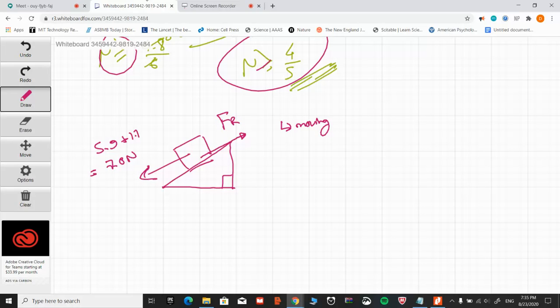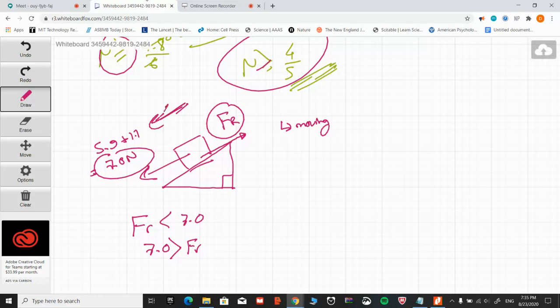So we can definitely say that the friction is less than 7.0, or 7.0 is greater than the friction, meaning this downward force was obviously greater than the friction and thus the movement down the plane, right?